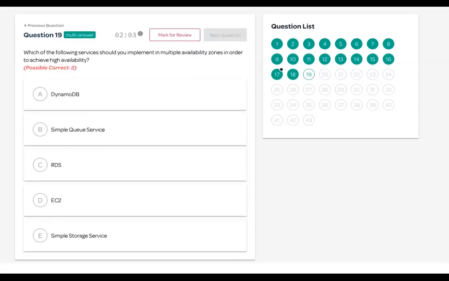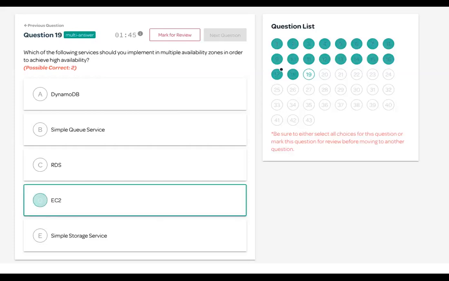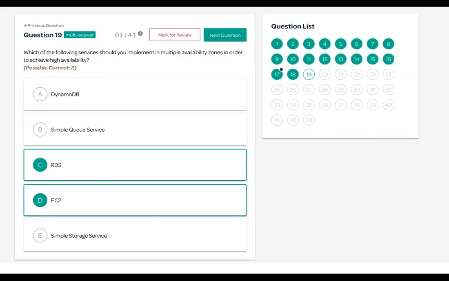Which of the following services should you implement in multiple availability zones in order to achieve high availability? EC2 and RDS, because the rest of these are already global. DynamoDB and, I mean, not global, but you don't have to deploy them in a particular region.